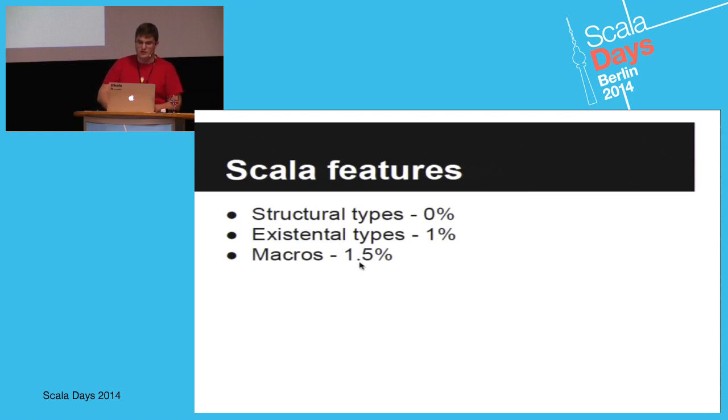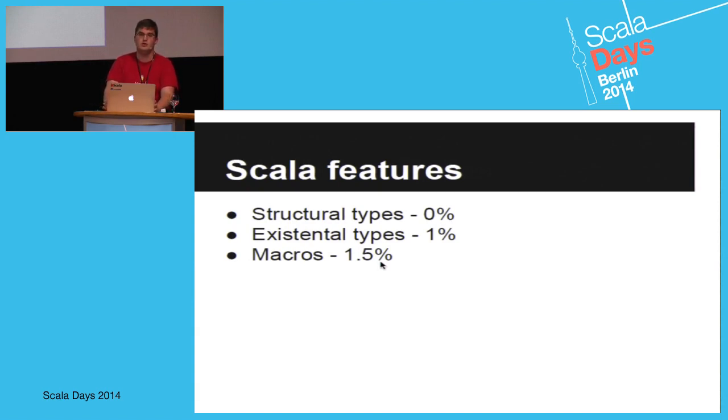But the actual point is that macros have a bigger influence on the whole Scala community because of libraries like, for example, Shapeless. And a lot of people don't know about macros but use Shapeless.